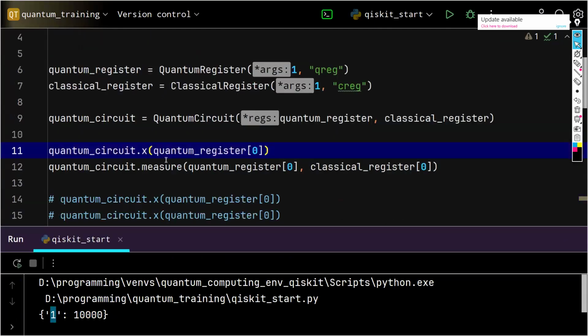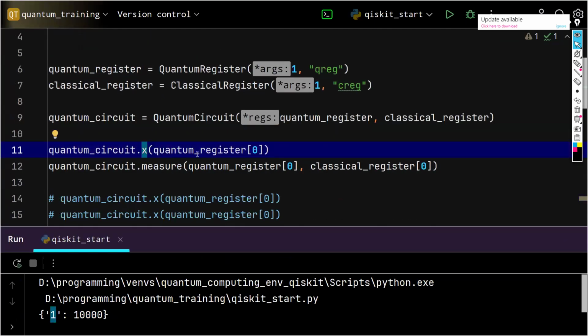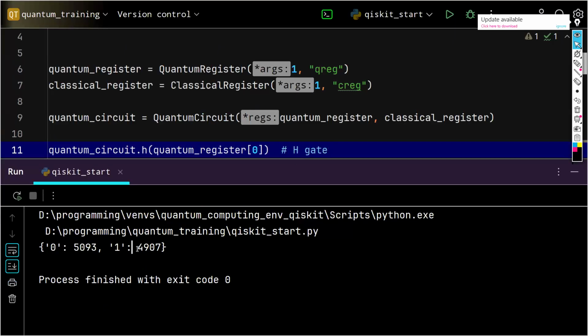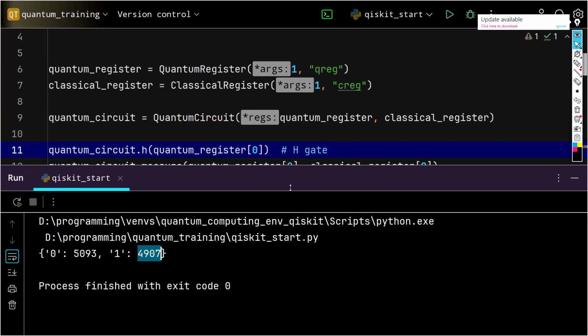But after applying an operation that will be encoded as H here, so this will be our H gate, we now see that we get a situation that sort of resembles our coin flipping, right?